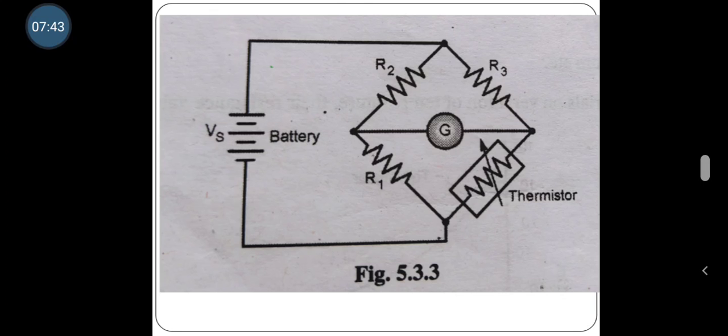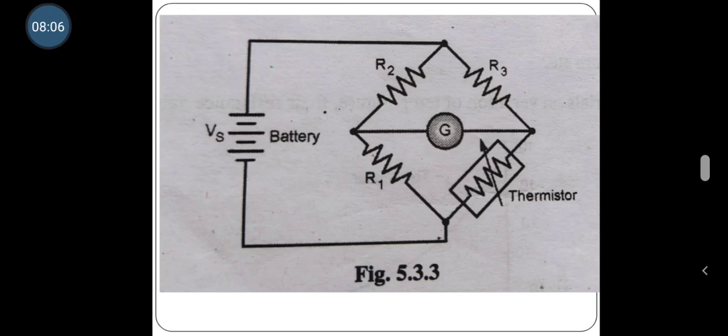It has the ability to withstand electrical and mechanical stresses. Available in different shapes and sizes to suit the requirement of the circuit. Easy to adopt, low in cost, sensitivity is very high and good stability. All these are the advantages of the thermistor.